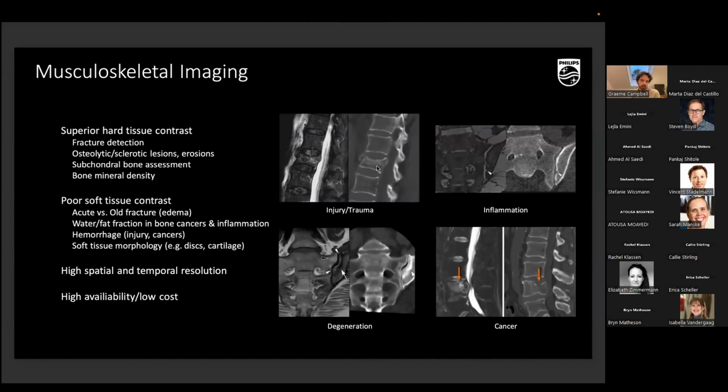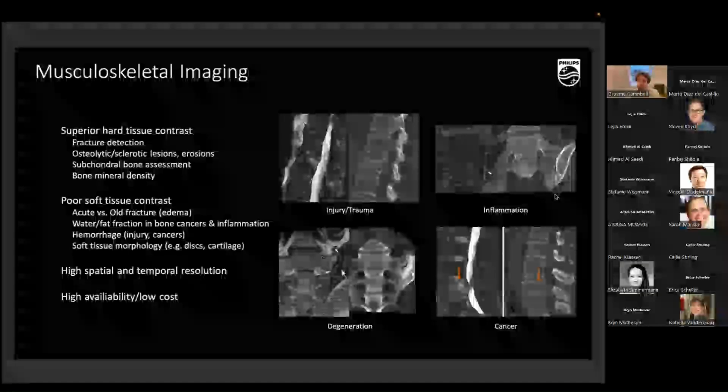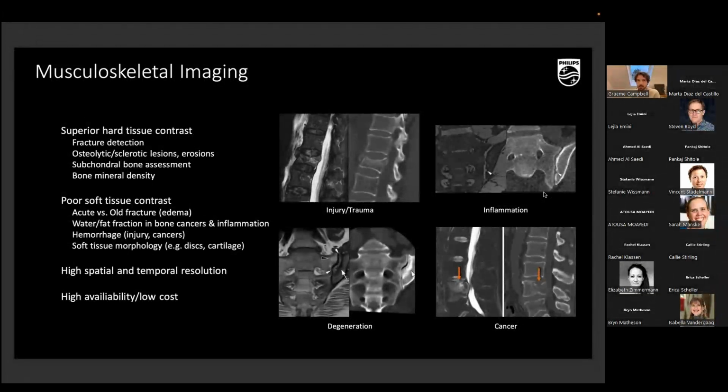So we can tell if there's a fracture, harder to tell if it's inflammation as well. Usually we're looking at contrast uptake, but depending on the location, especially if it's close to bone, or definitely if it's close to a metal implant, it's very difficult to see any uptake of contrast to indicate inflammation.